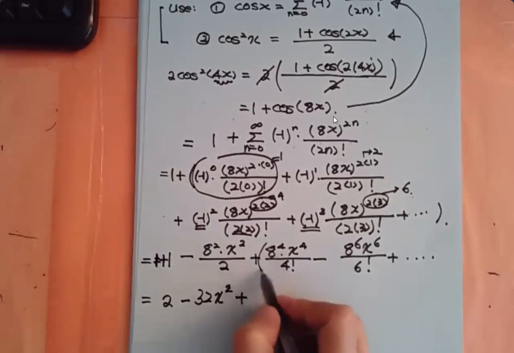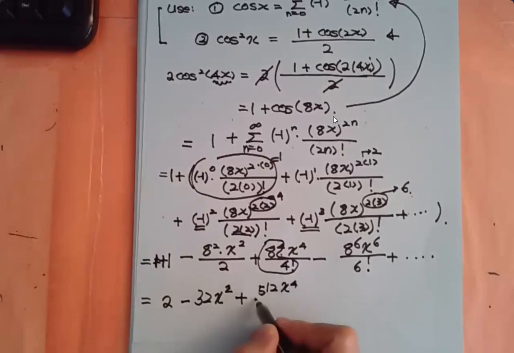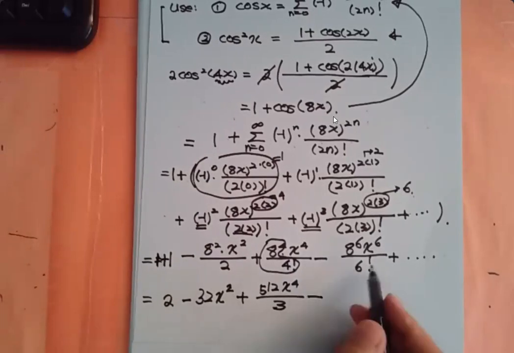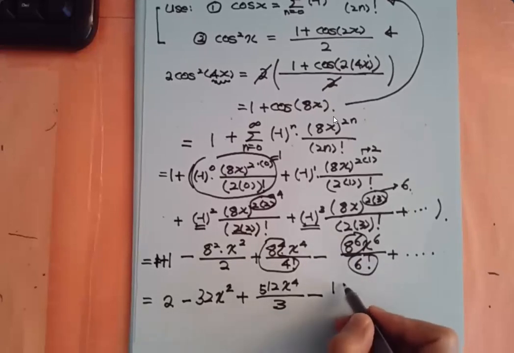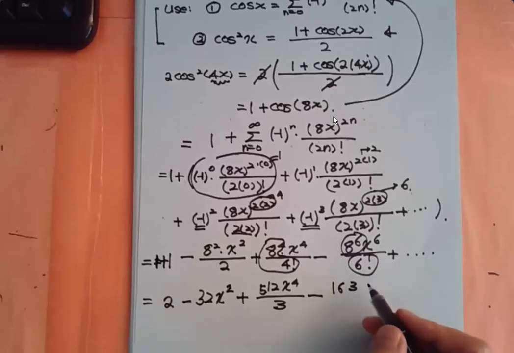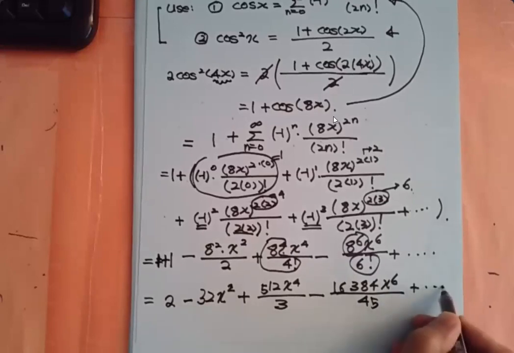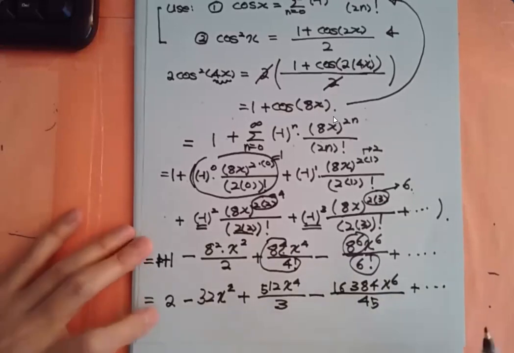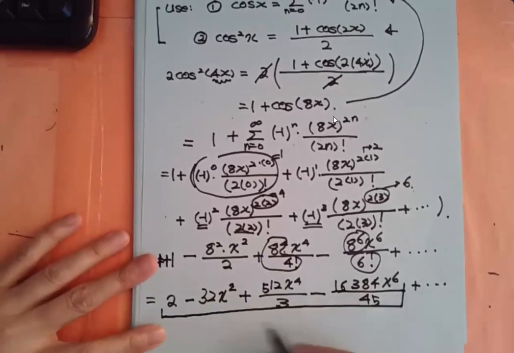Plus, if you simplify this part, then you will get 512 x to the 4th power over 3 minus, again, you have to simplify this part, then it will be 16,384 x to the 6th power over 45. So I think you have to use a calculator for that fraction part. And this is the answer.